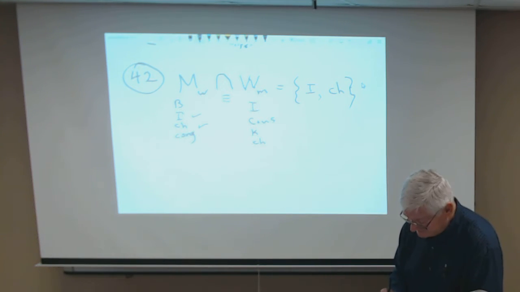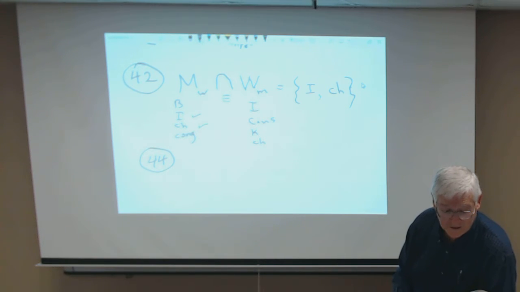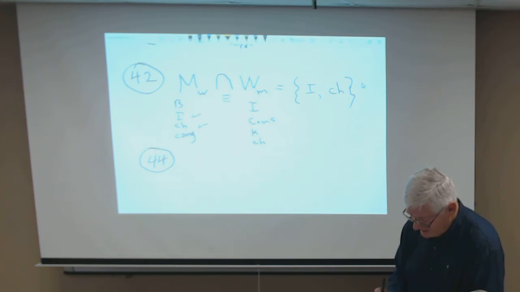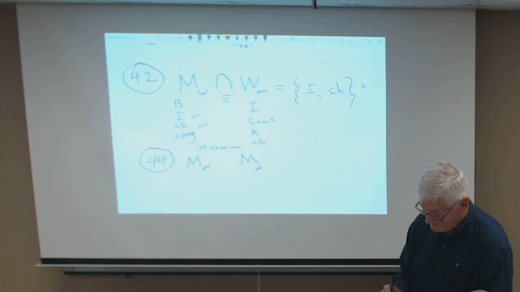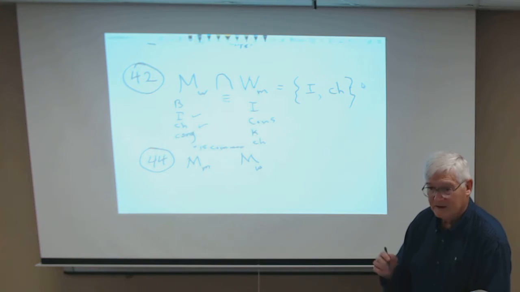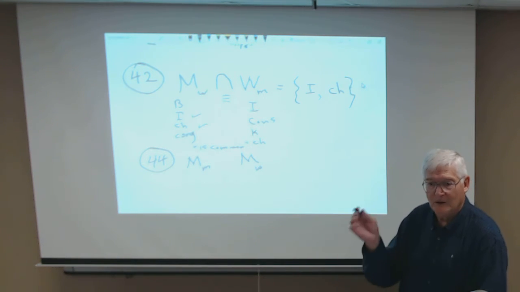Number 44. What set of traits is common to M sub M and M sub W? What do you think it would be for is common? Would is common be intersection or union?